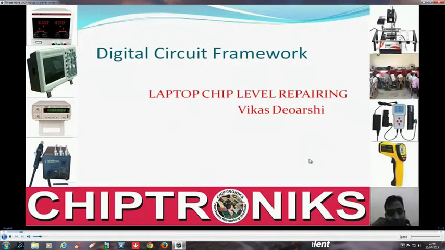Though there are many things which are IP protected, that means they are intellectual property, so every information I am giving is just to impart knowledge. I am not imparting any knowledge which is against the intellectual property rights of companies. So in this class we are going to cover the digital circuit framework, and let's start with the class.